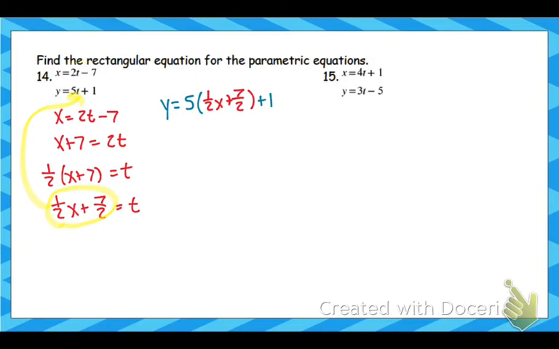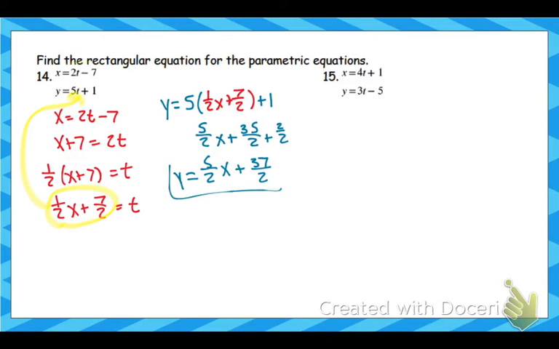So 5 times 1/2 x, that would be 5 over 2x. 5 times 7 over 2, that's 35 over 2. If I want to add 1, I'll get a common denominator. And I get 5 over 2x plus 37 over 2. And that is my rectangular equation. That is my equation where I have solved for y.